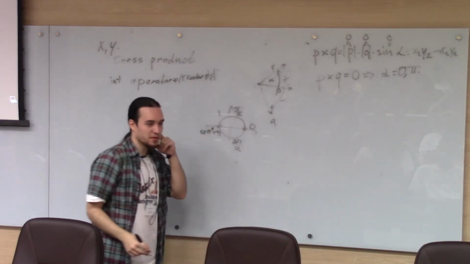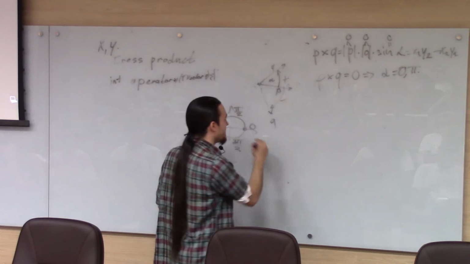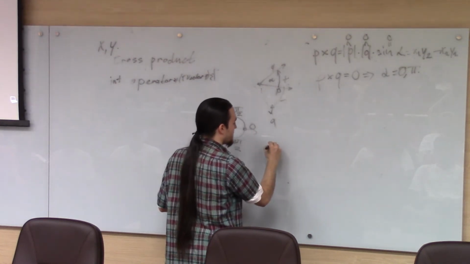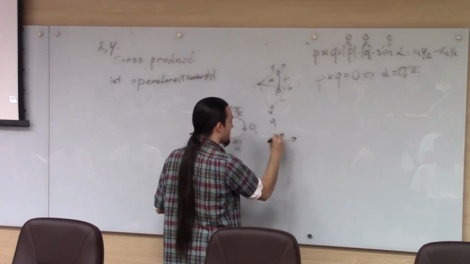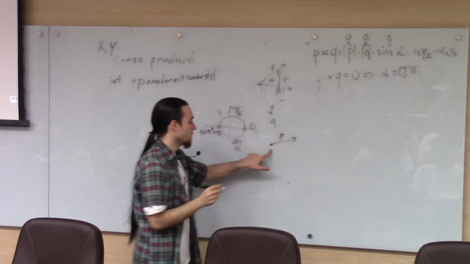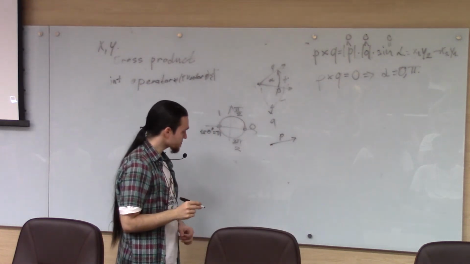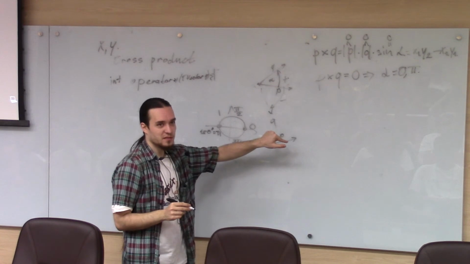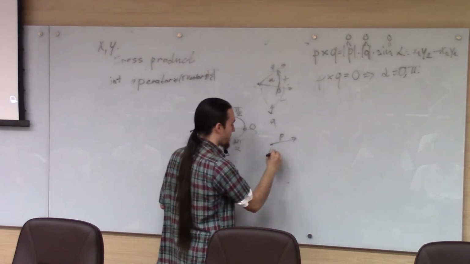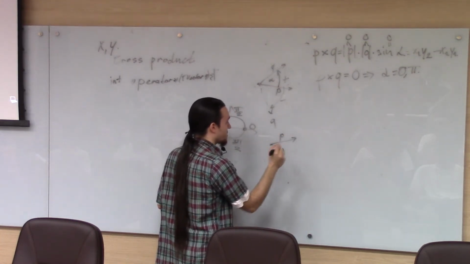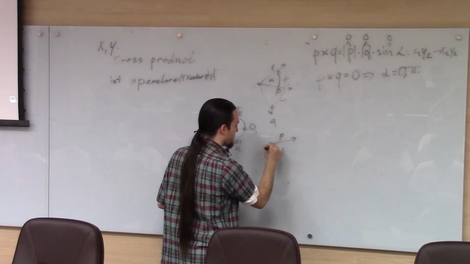That corresponds to the case where we draw these vectors p and q starting from the origin. This happens in 2 cases.